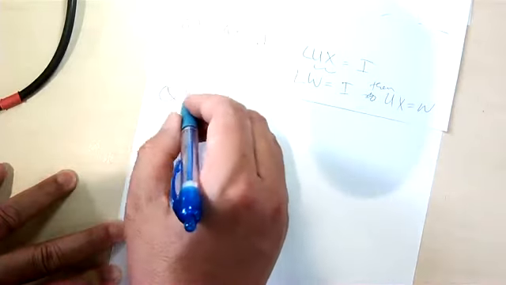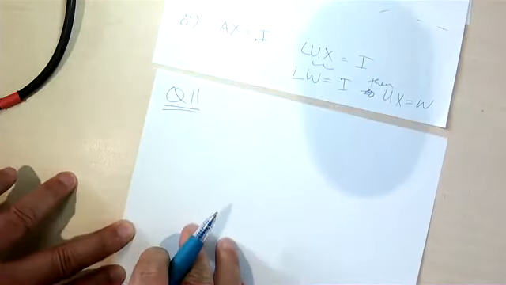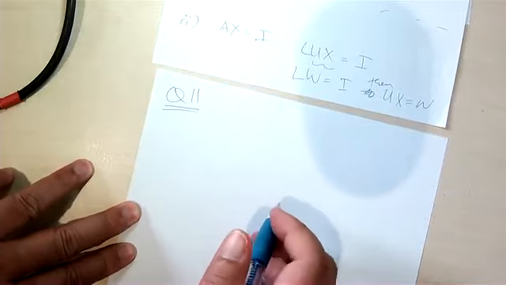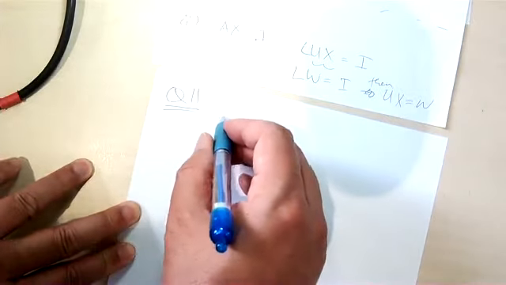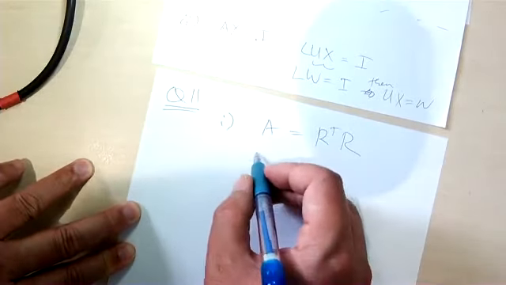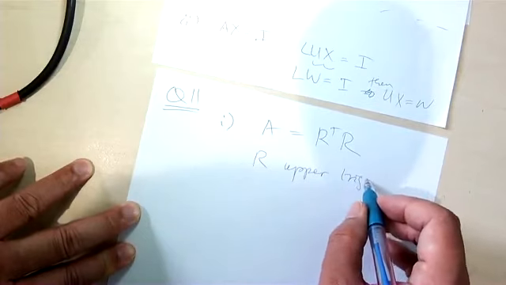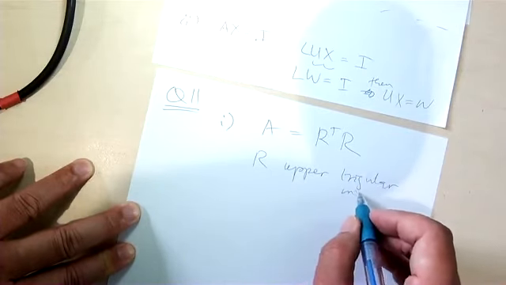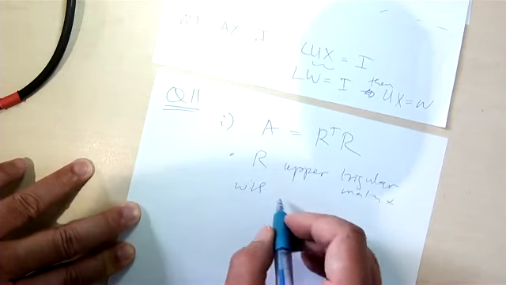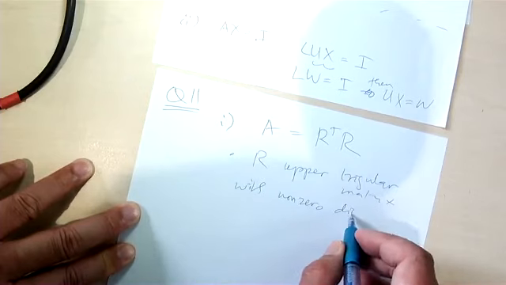Okay, so question number 11. So 11 is, what is the Cholesky factorization? So Cholesky factorization is just R transpose R, and you say that R is upper triangular matrix with non-zero diagonal entries.